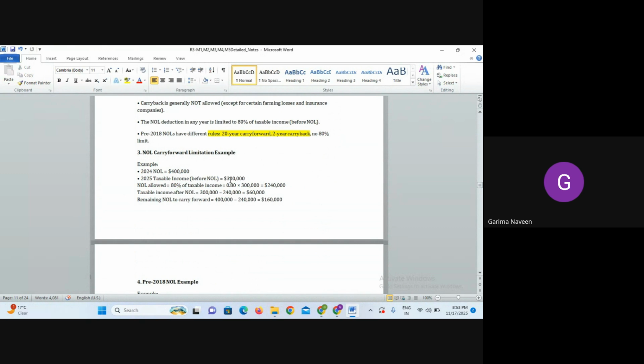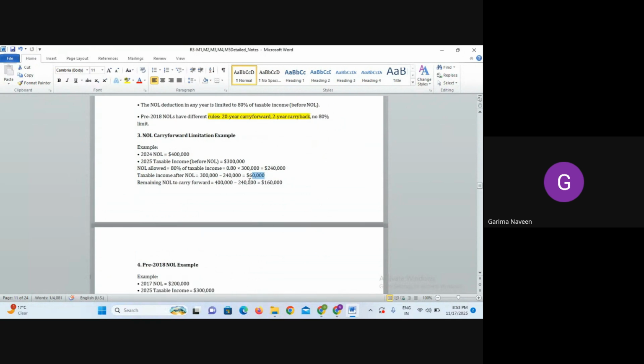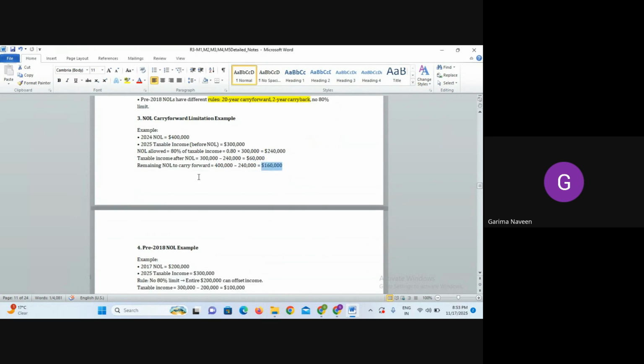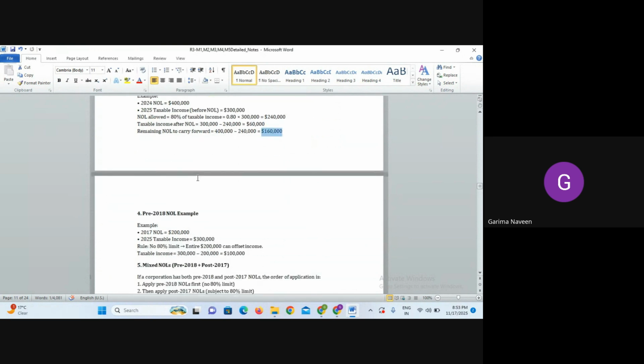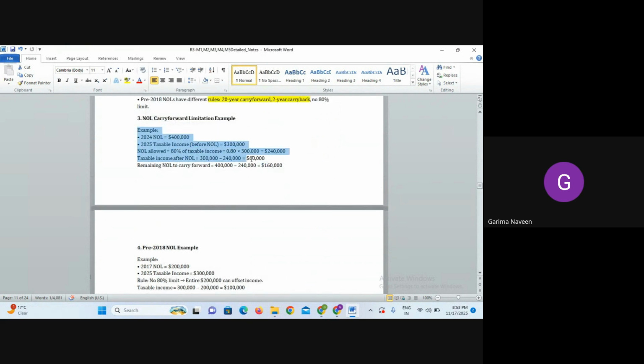So if you calculate 80% of this income, $240,000 of losses you can deduct as an annual deduction. That gives you taxable income of $60,000, and the remaining loss you can carry forward to the next years. Is this example clear?